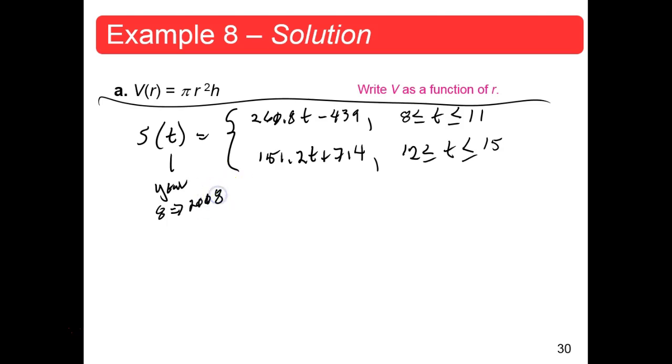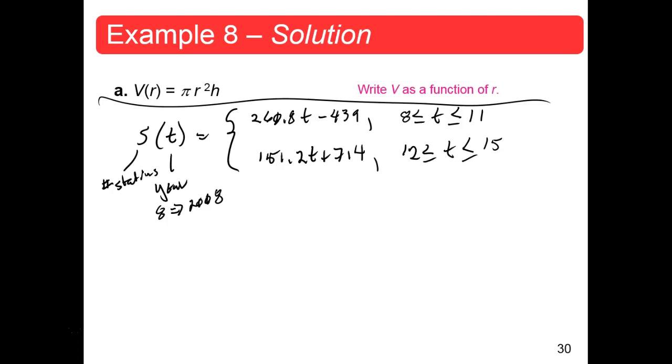So it's the year after 2000, okay? And S is the number of stations that are E85 stations. Okay. Now, what they want you to do is use that function to approximate the number of stations that sold E85 each year from 2008 to 2015.